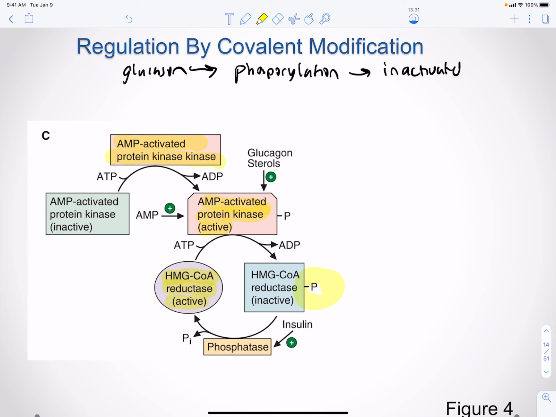And cholesterol synthesis decreases when ATP levels are low, because this is AMP driven. Now, alternatively, in the presence of insulin, you're going to activate a phosphatase, which will, of course, remove that phosphate and make the HMG-CoA reductase active.